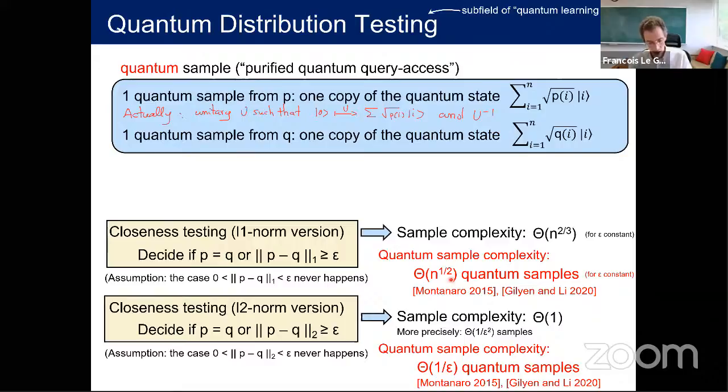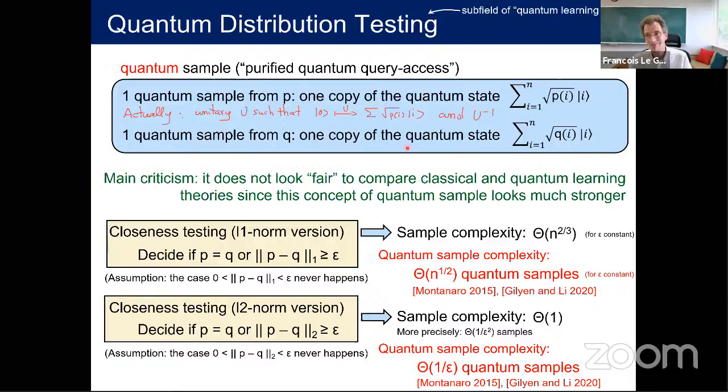Okay. So now there is, of course, some criticism or concern here, that it does not really look fair to compare classical and quantum learning theories, and especially quantum and classical distribution testing, because the concept of quantum samples looks much stronger.